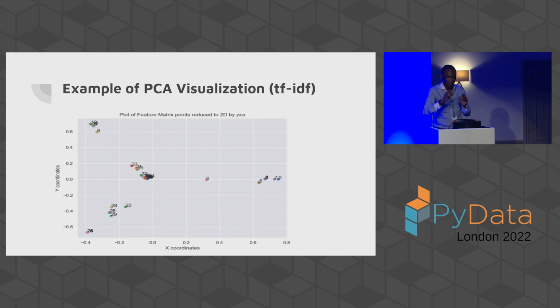Basically in here, the numbers relate to the sentence ID. And there you can see that documents which are similar all congregate in one cluster, and those which are not similar are in different clusters. And this is what you will see if you do PCA on the embeddings.